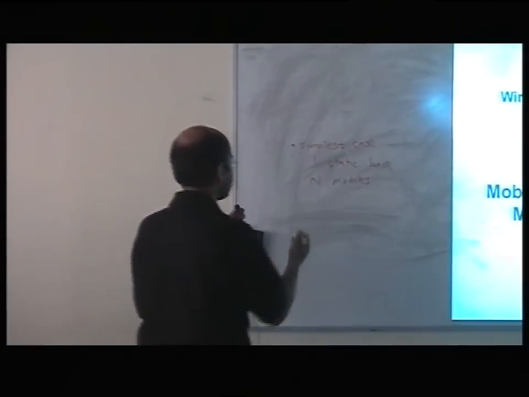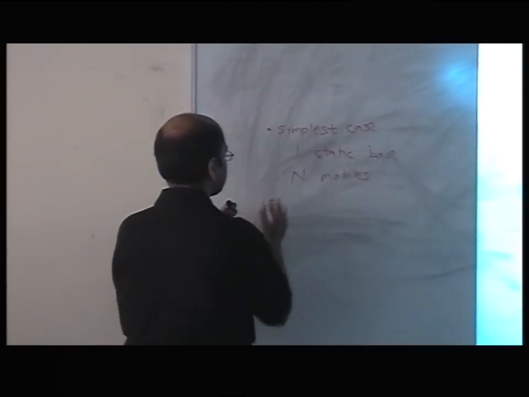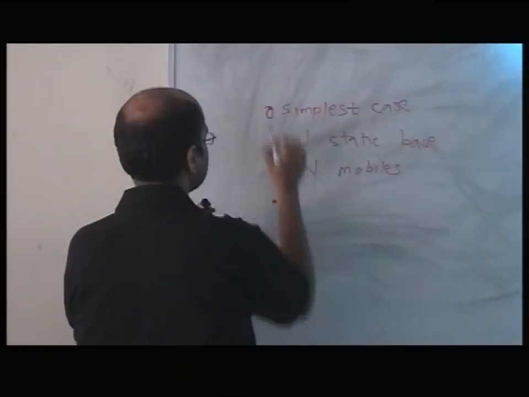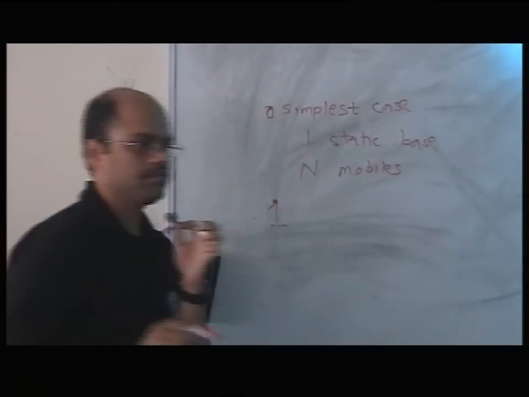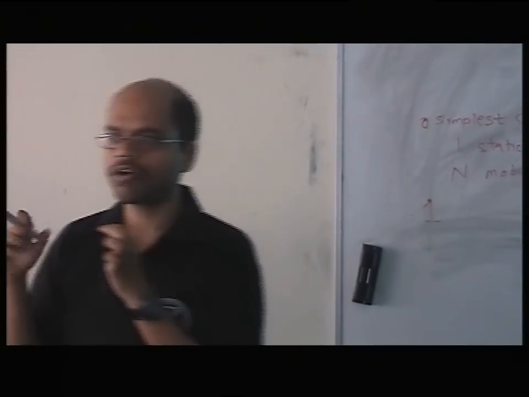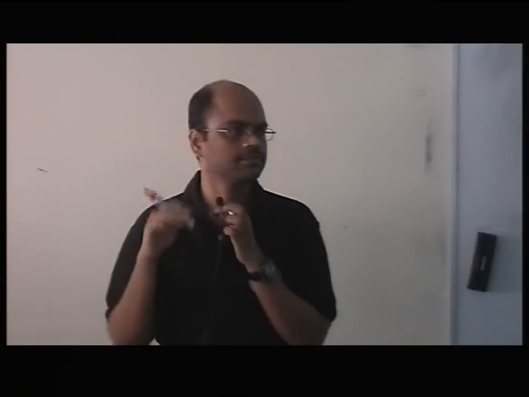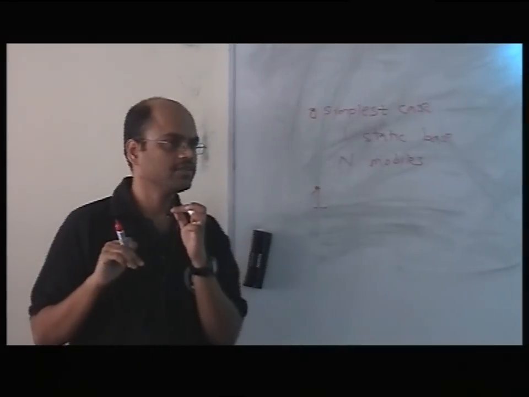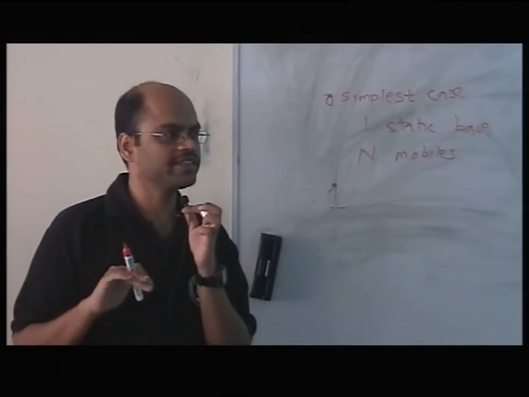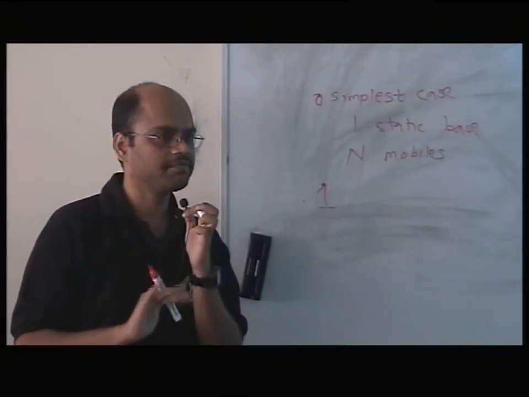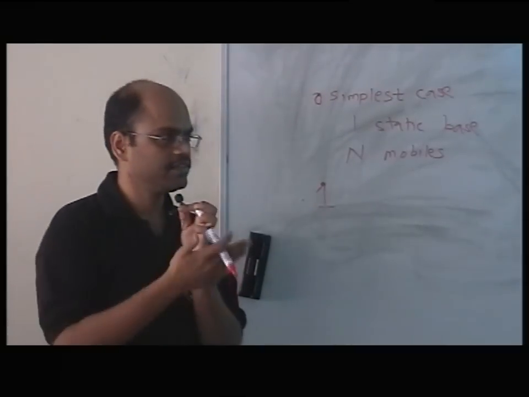What would be the next state? If I call this number 0, what will be number 1? How can you make it complex? Moving base station, or there could be something still simpler than that, but more complex than this.